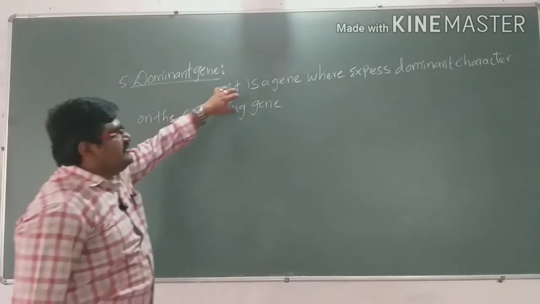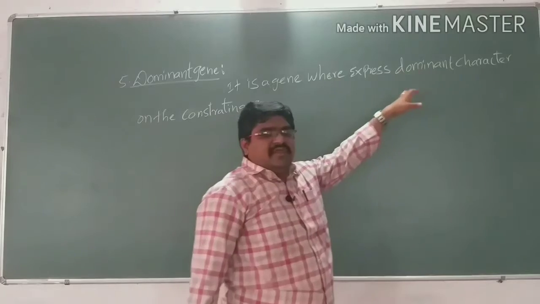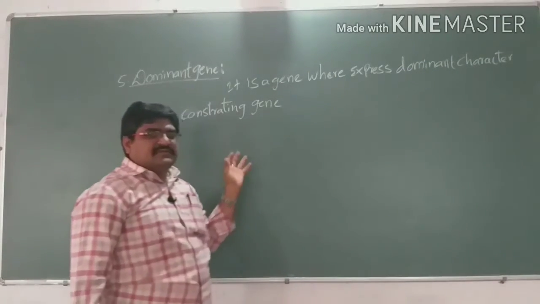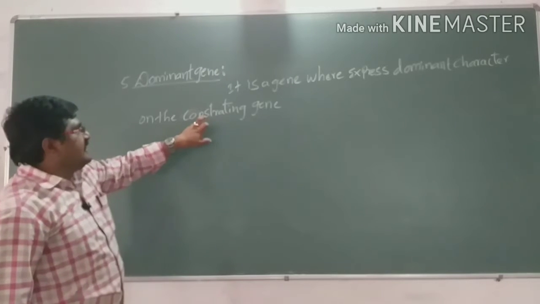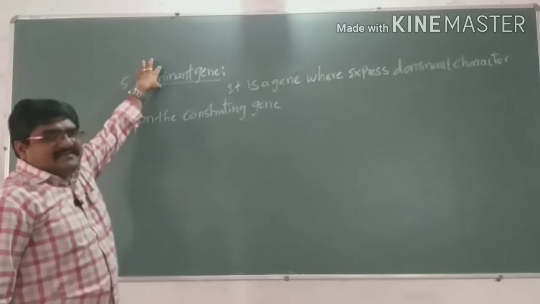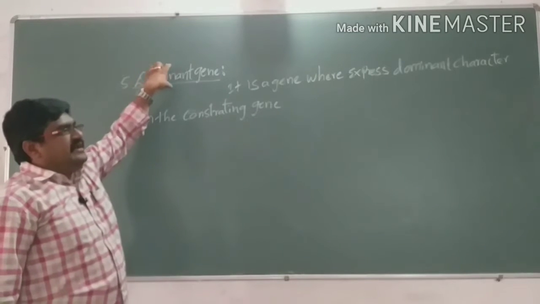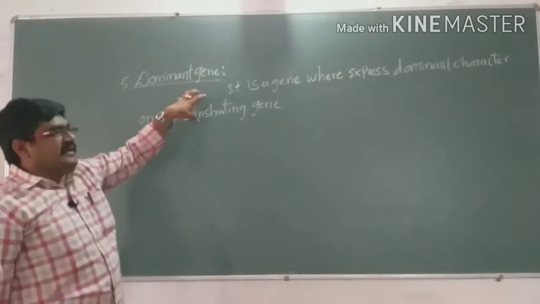That means it is a gene that expresses dominantly, dominating over the contrasting gene. That means the other gene does not express, while this gene is expressed, so we call it a dominant gene. It is a gene expressed dominantly over a contrasting gene.